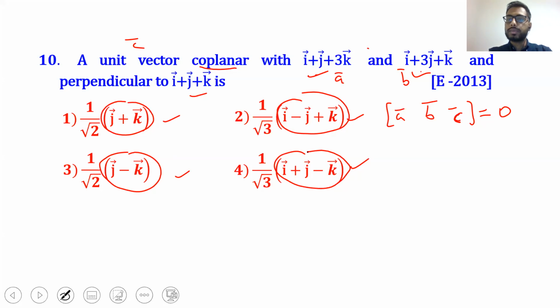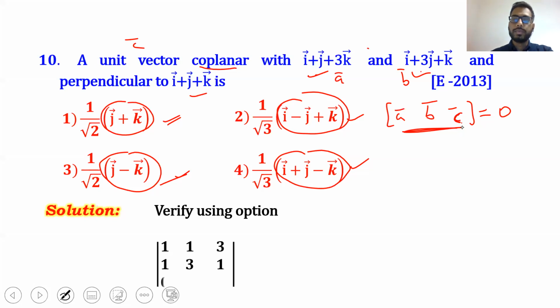I'll substitute each of the values correspondingly, and whichever satisfies, suppose option 1, C equal to 1 by root 2 (j plus k), satisfies the equation of A, B, C being equal to 0, then I can say that the value of C is equal to this. So instead of solving, we can use the substitution method and substitute the options. So option C satisfies the given condition. Therefore, I can say that is my answer.